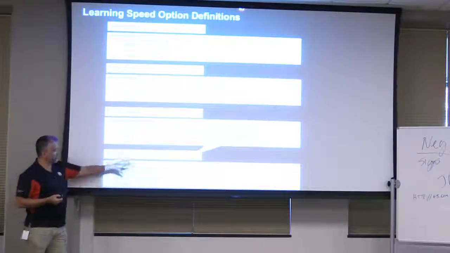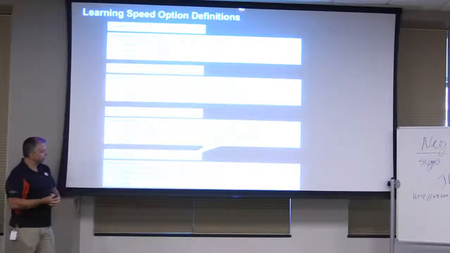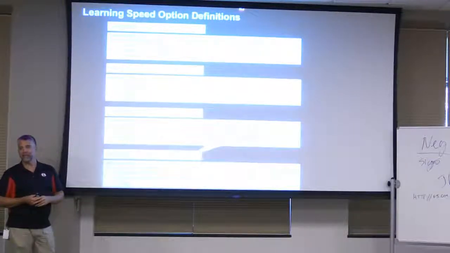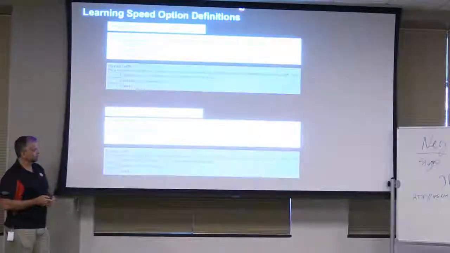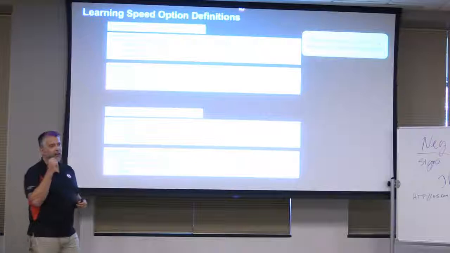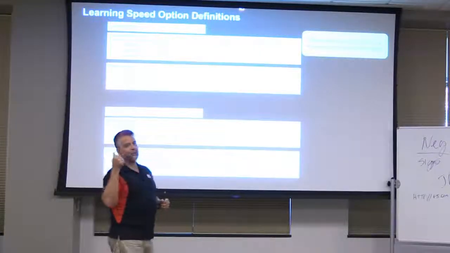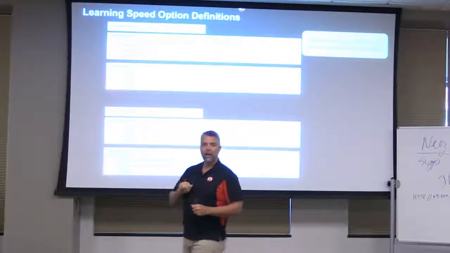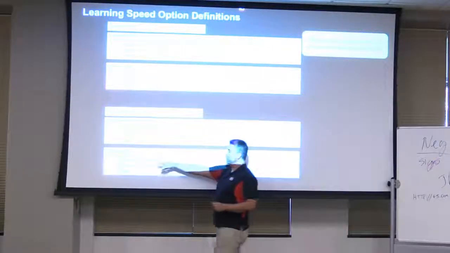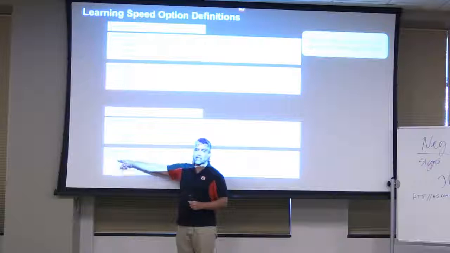So here's an example of a customized screen. This is really, really slow. They really want slow learning speeds. But you will notice that the learning speed between fast, medium, and slow does not affect the trusted traffic, because these numbers are already as low as they can get.